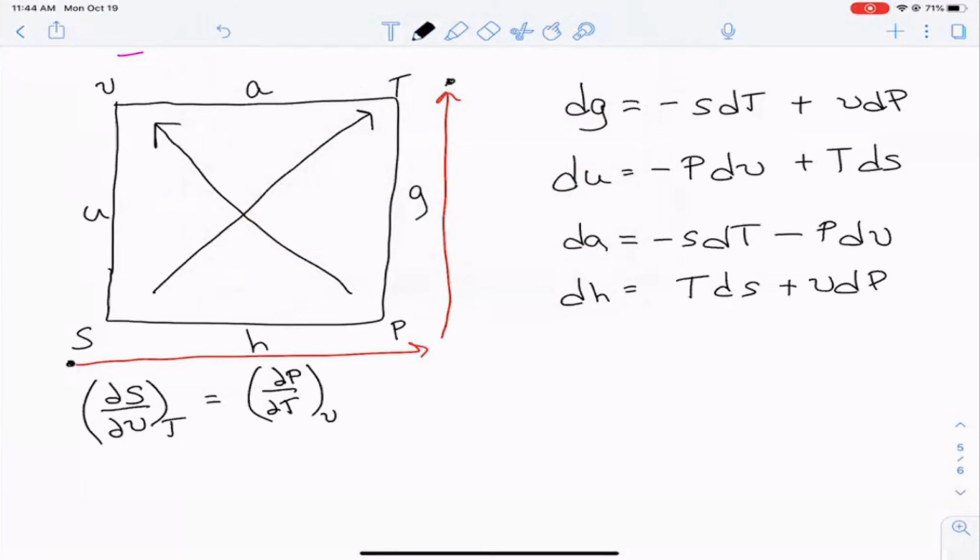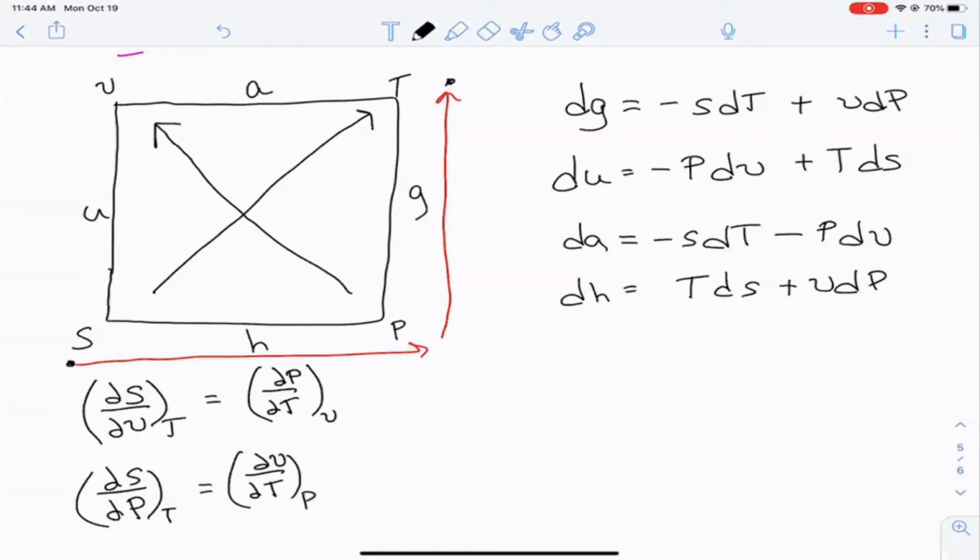So that tells me that I have dS dP at constant T equals, and the first step here is to flip the P and the T, or the two in the denominator. So then this would be d over dT at constant P, and you fill in the missing corner. And so then that becomes volume.